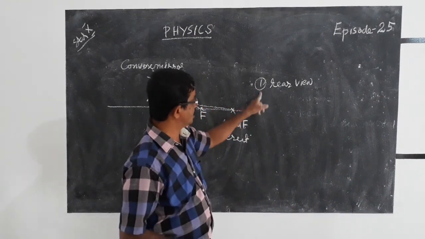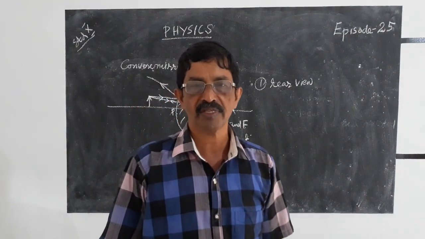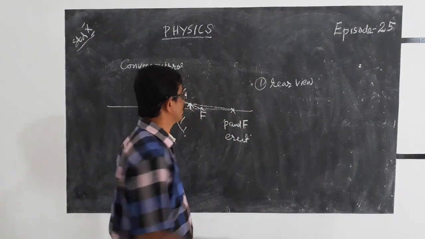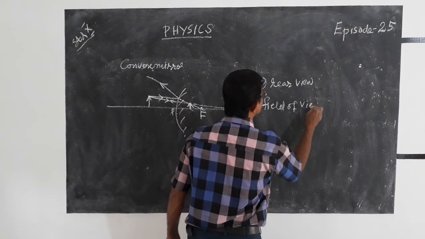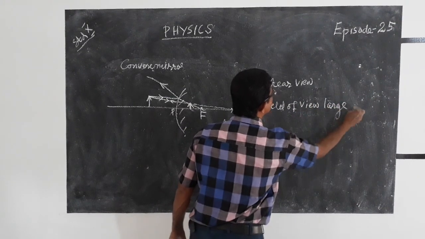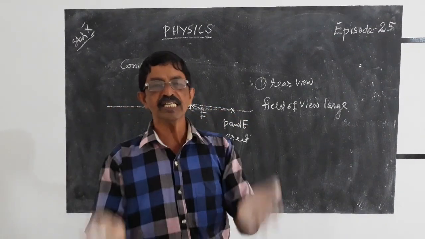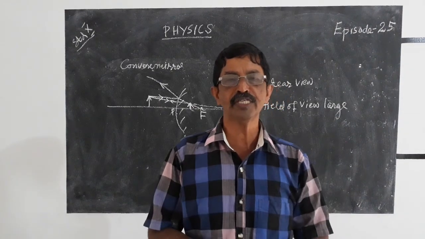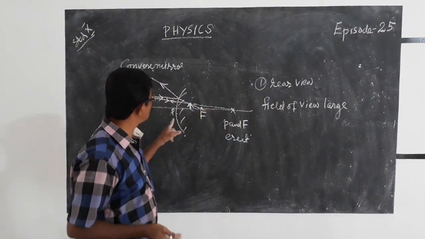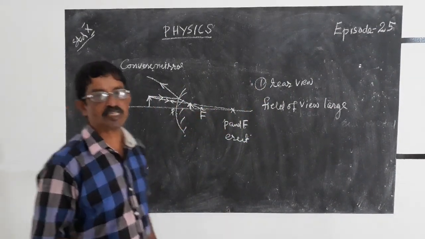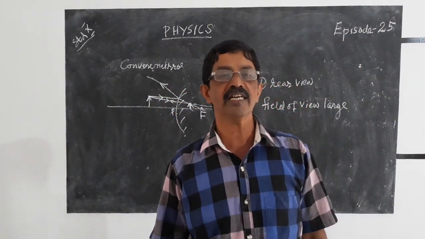And here the property of the mirror is that its field of view is very large. The field of view is large because the surface is curved outwards. Then it always forms an erect image.